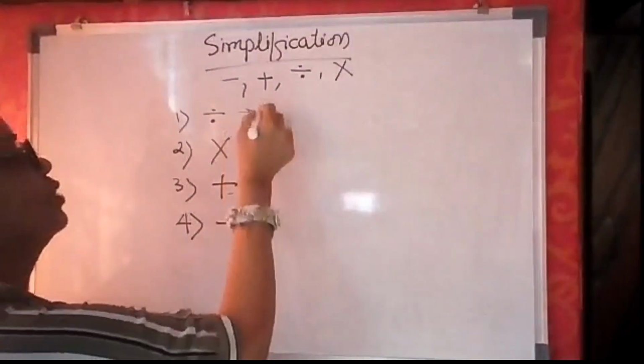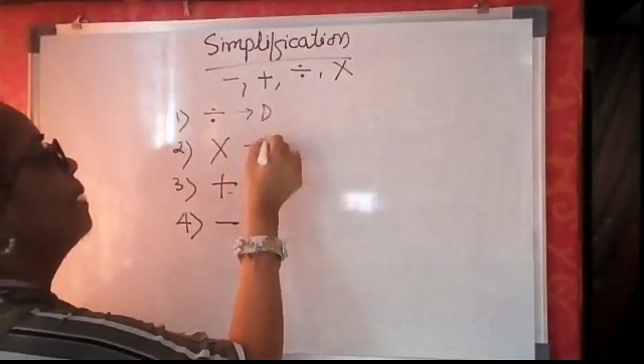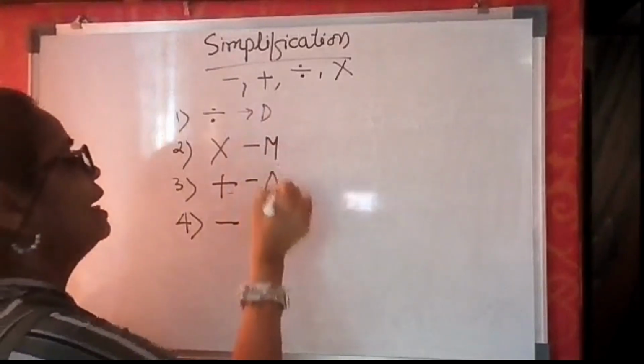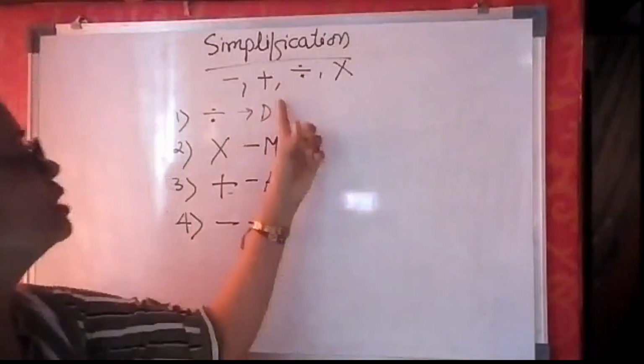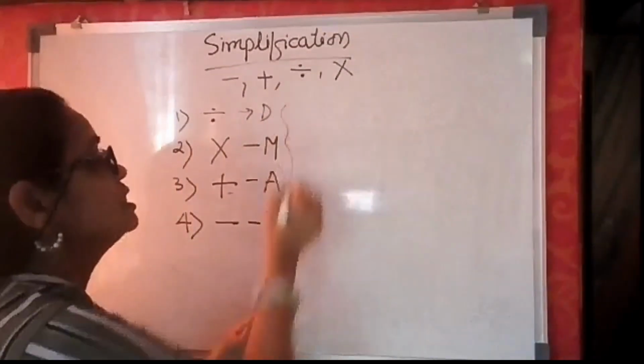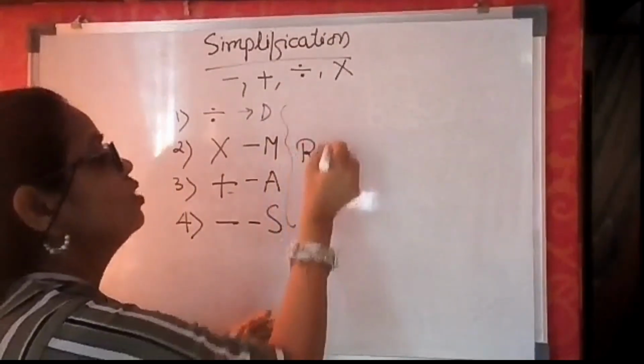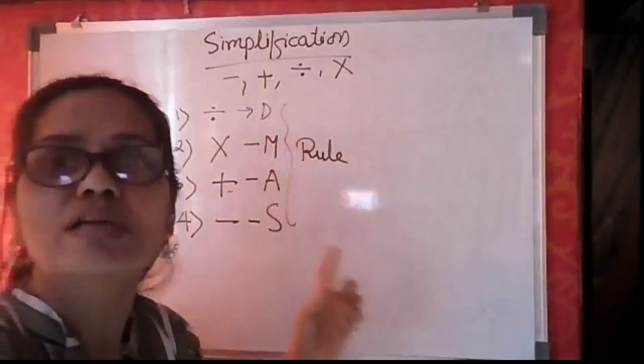So it stands for D, M, A and S, right? So this is called the DMAS rule.